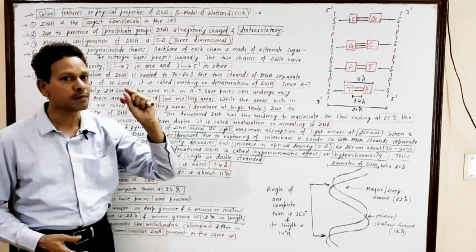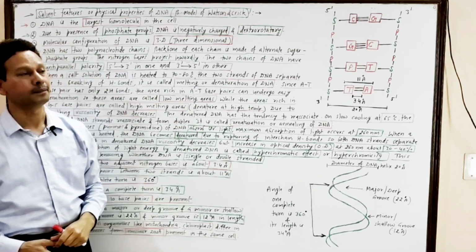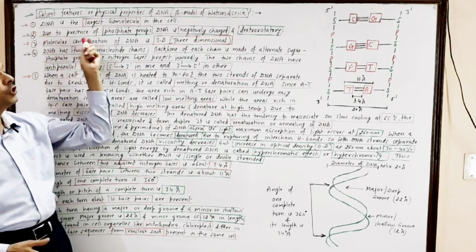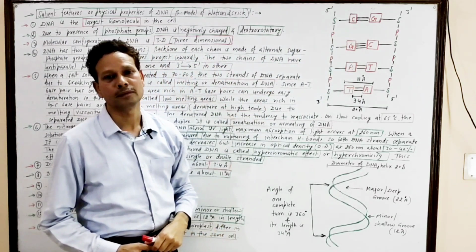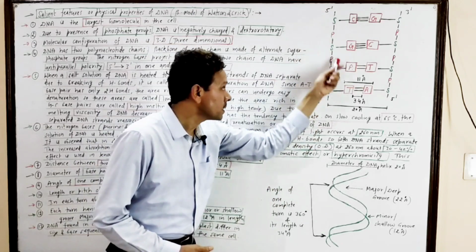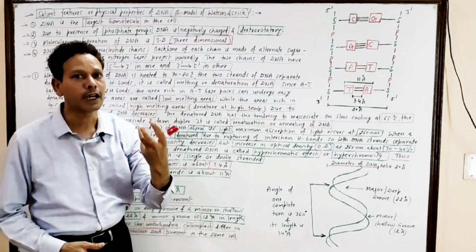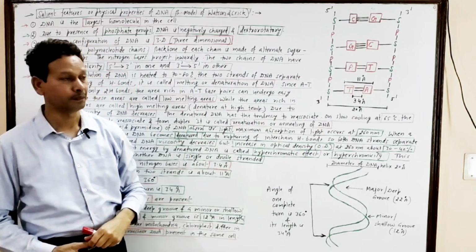DNA is the largest biomolecule of the cell. Due to the presence of these phosphate groups in this DNA, it becomes negatively charged.